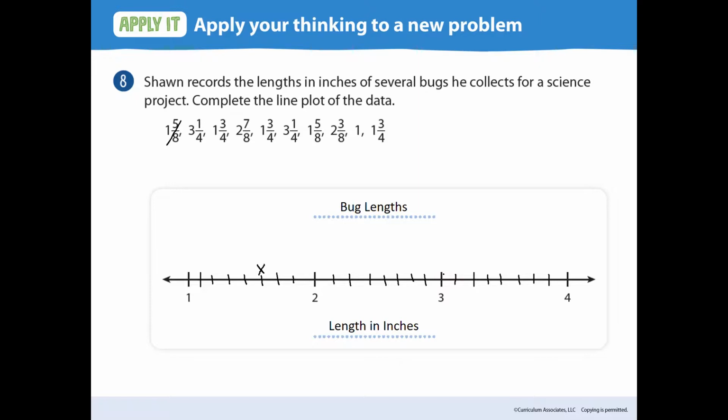If I multiply both the numerator and the denominator by 2, I'll get 2/8, so that's 3 and 2/8. And we'll cross this one off. 1 and 3/4. 3/4 is the same as 6/8 if I multiply those both by 2. So I'm going to count 6, 1, 2, 3, 4, 5, 6. Okay. There's 2 and 7/8.